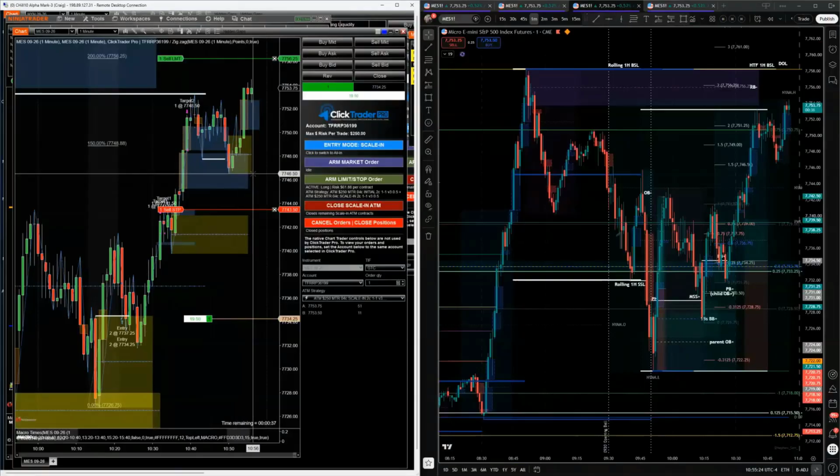But what I really wanted to jam things up, I got 1, 2, and this fair value gap. I know they're nested, but I don't care, right? At this point, we're getting closer and closer to that target. As you get closer and closer to the target, you could really tighten things up.